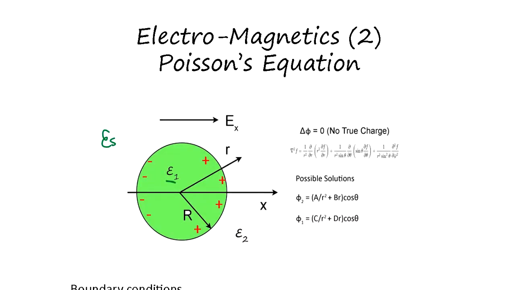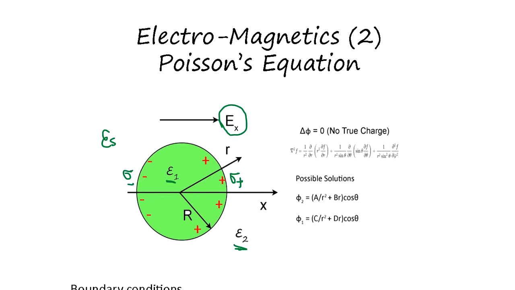epsilon 1 and epsilon 2, and we have an external electric field. So what happens is, at this boundary, there's some charge accumulated.